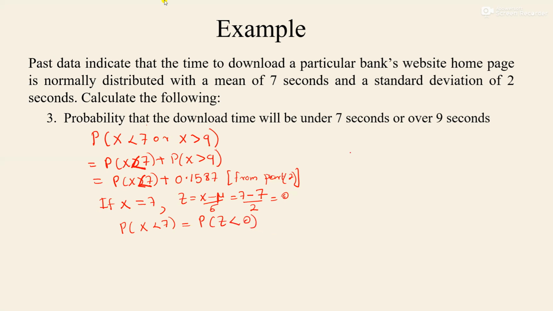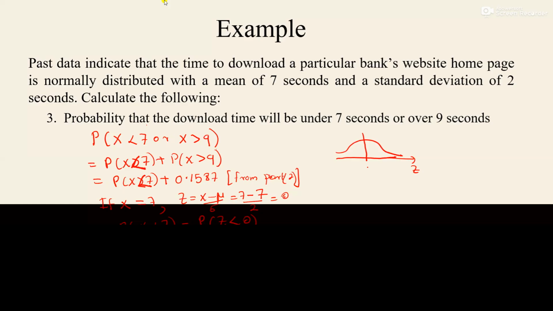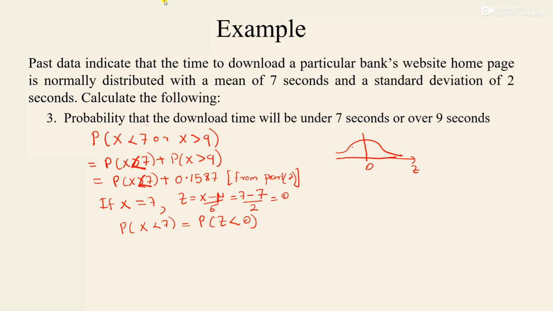From the diagram, the mean value is 0, and this area we have to calculate. But without the table, we can say that this area is 0.5.